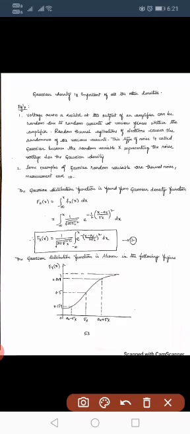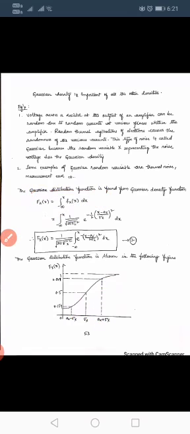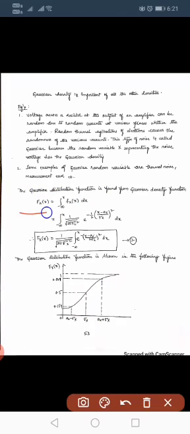Next one, this is the probability distribution function curve formula. Now we already know the probability density function fX(x). What is the relation between probability distribution and density? The distribution function equals the integration from minus infinity to x of the density function fX(x) dx.